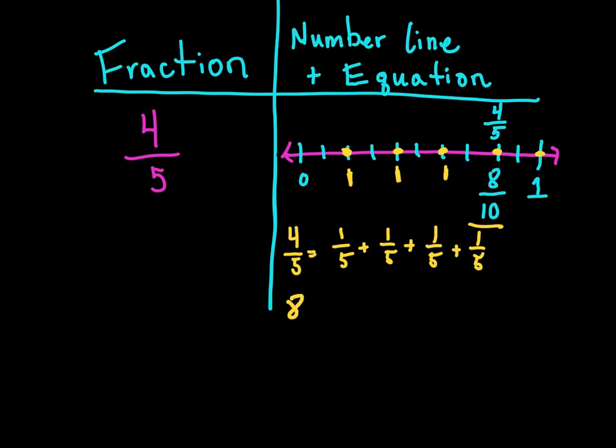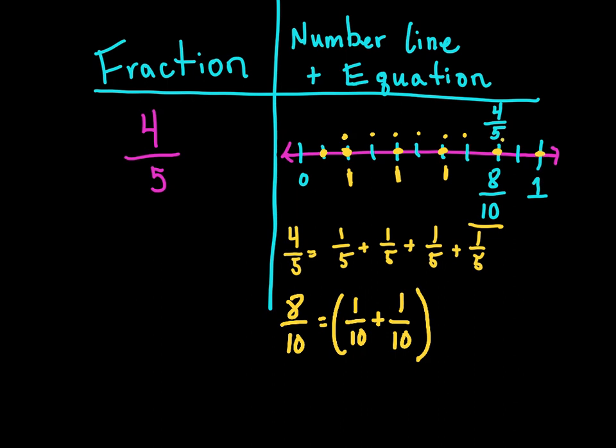We're going to take 8/10 now to show this as an equation. What we do here is take that 1/5 plus 1/5. We're going to go 1/10 plus 1/10, because right here is 1/10, this is 2/10, 3/10, 4/10, 5/10, 6/10, 7/10, 8/10.